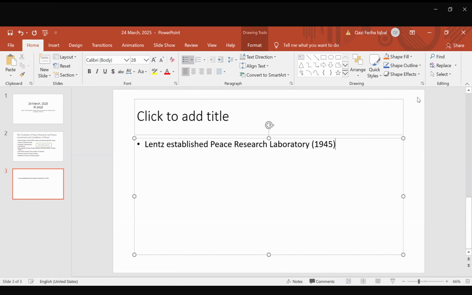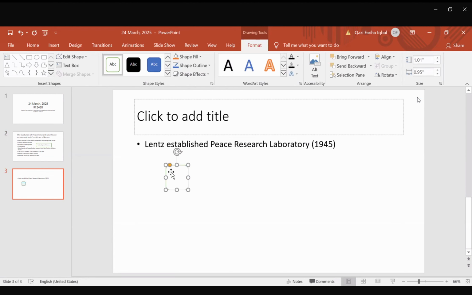Later on, in parallel, the Dutch jurist Bart Röling established peace studies, or polemology. He was a jurist and his nationality was Dutch.